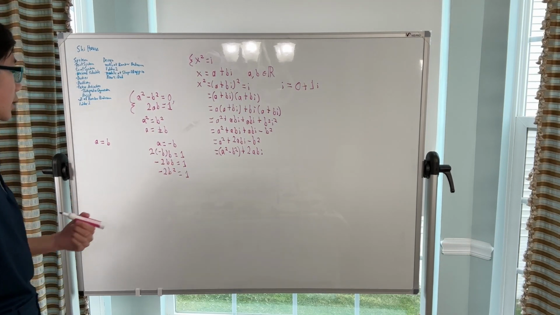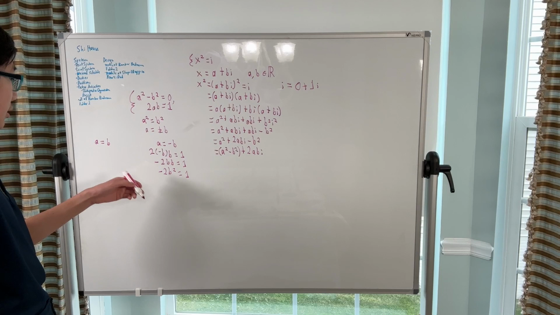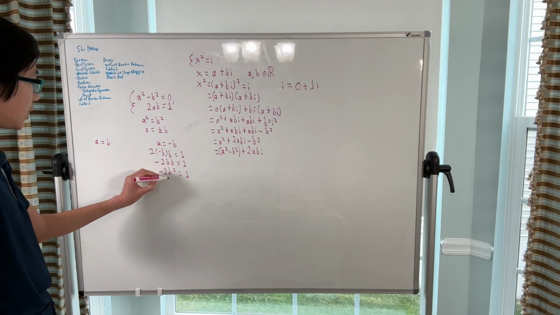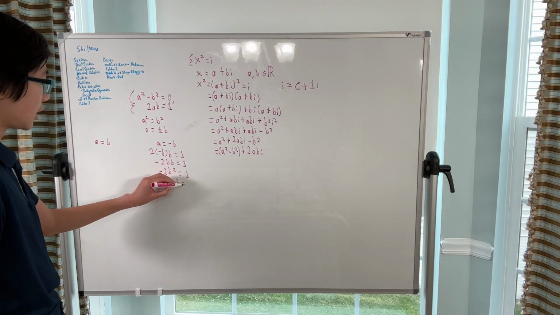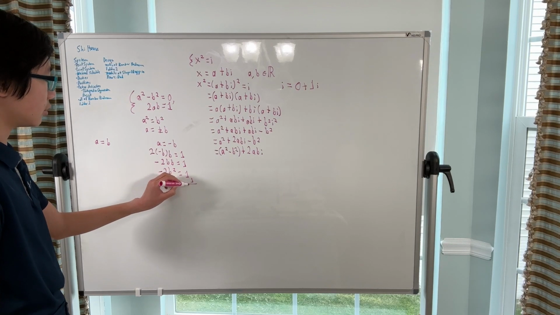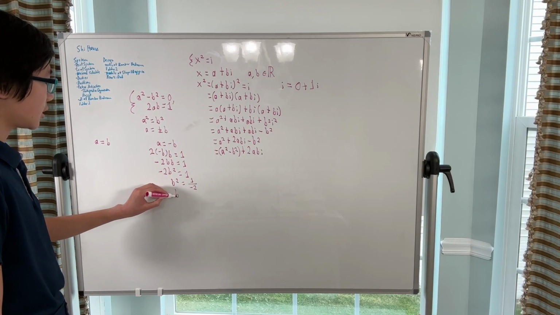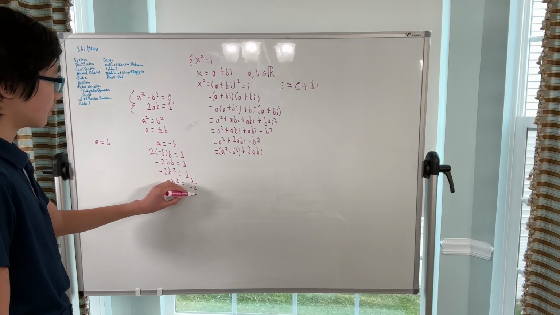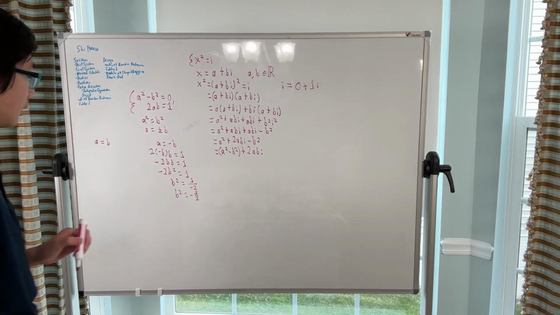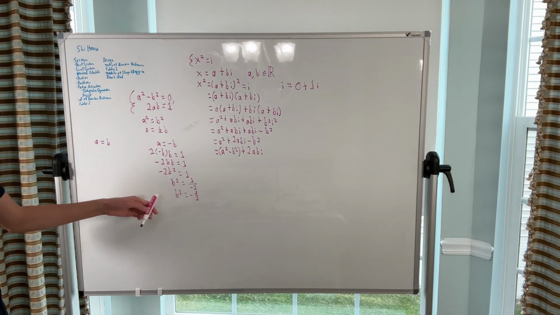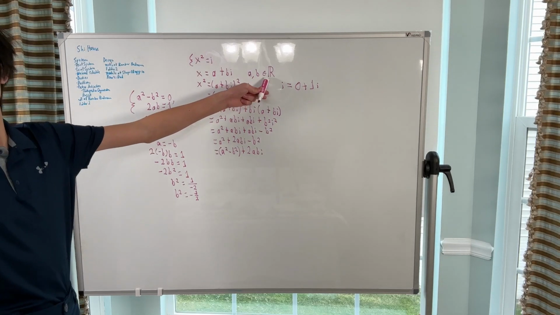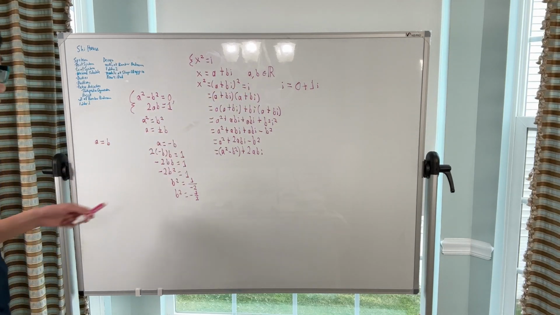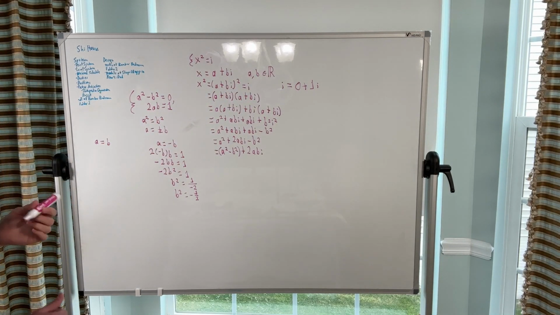We can divide both sides by negative 2 and get b squared equals 1 over negative 2, and b squared equals negative 1/2. But if b must be a real number, which we said here, then b squared must equal a positive number.